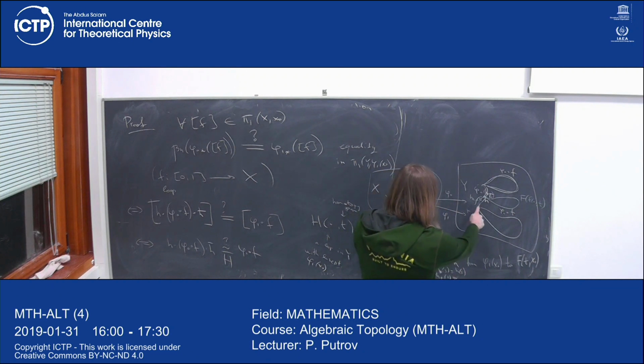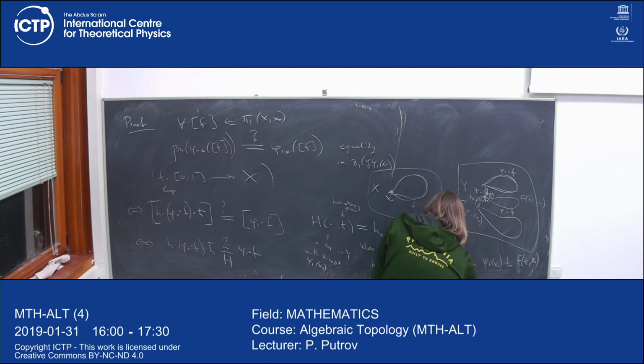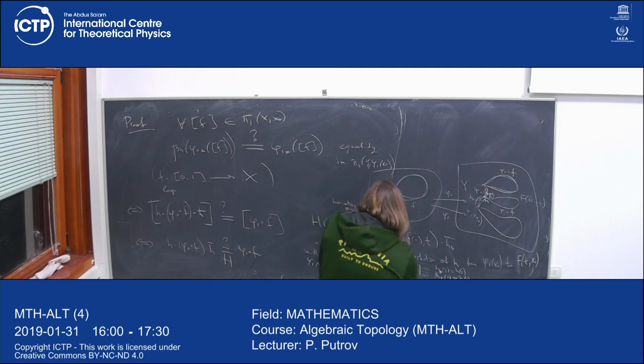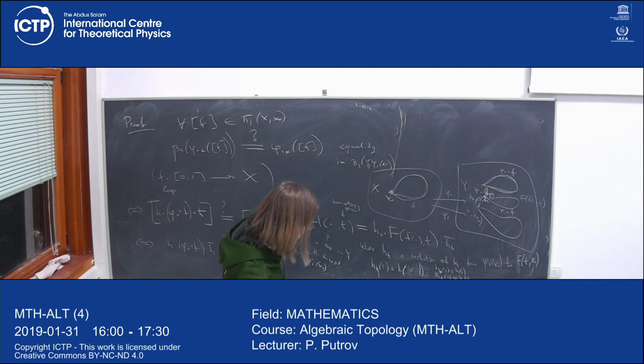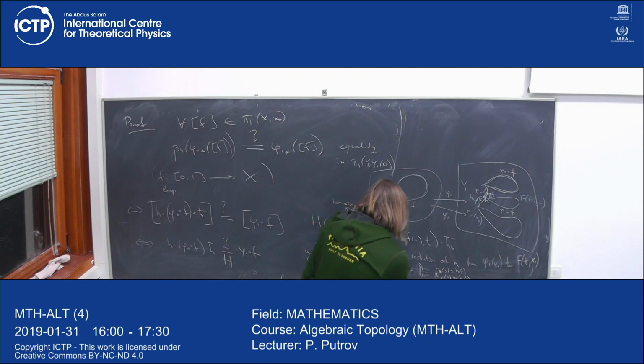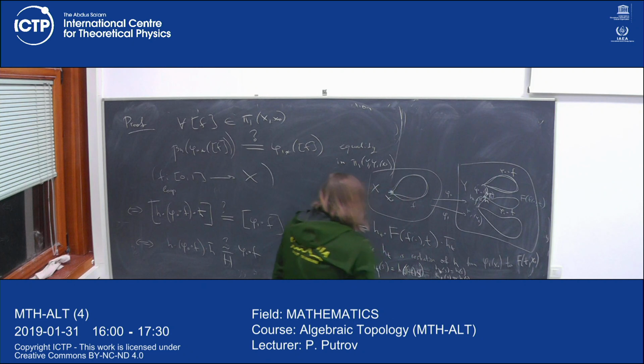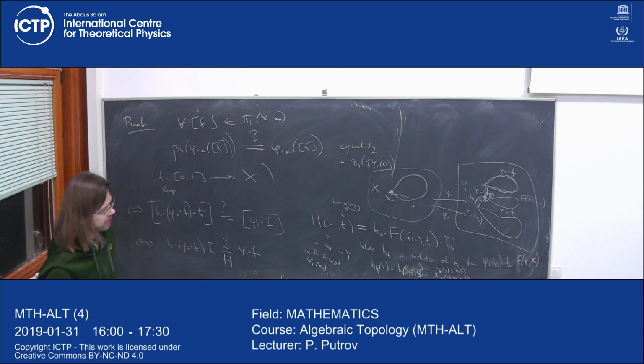So when t equals 1, I want my path h to collapse just to h of 0. So what is the proper scaling of parameters which gives me this? I want to have something like (1 minus t) times s.